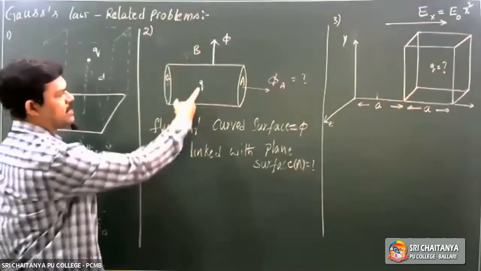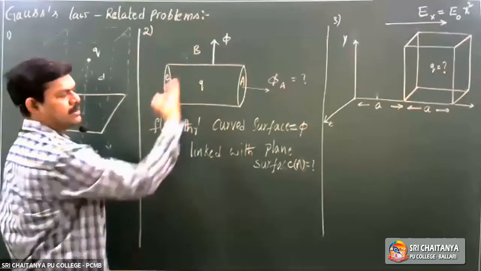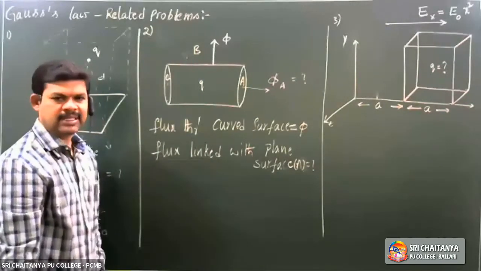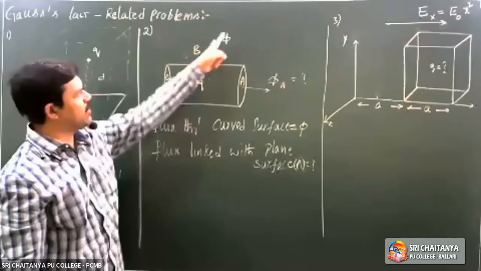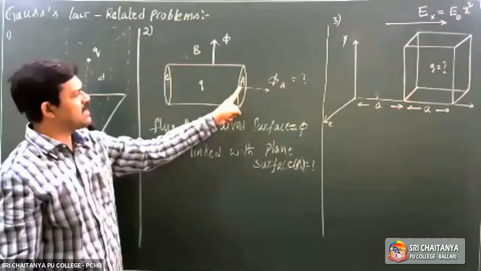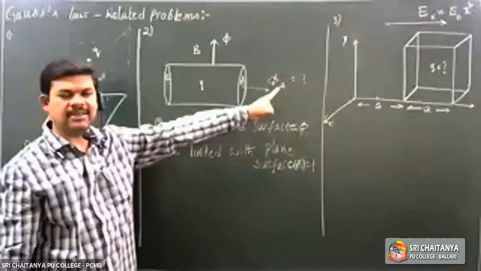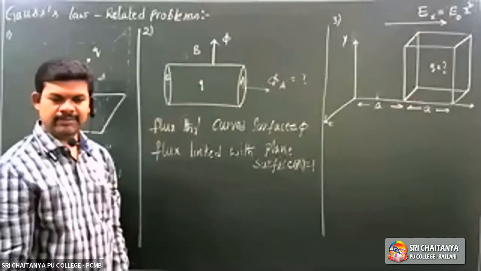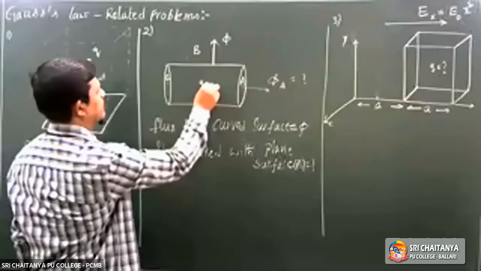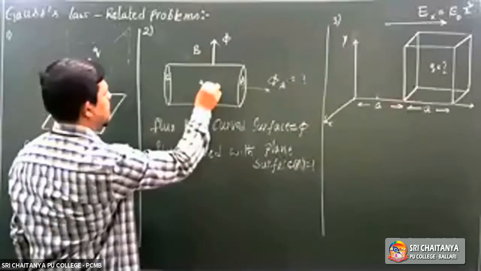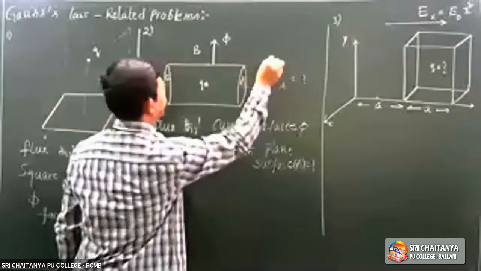It is given that there is a charge Q inside this cylinder. Flux through the curved surface is phi. What is the flux linked with the plane surface A? We know whenever a charge is placed inside, flux comes out in all directions.